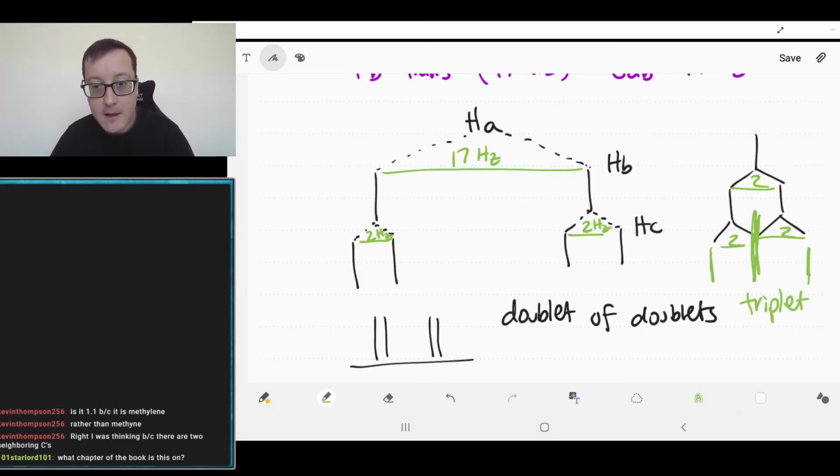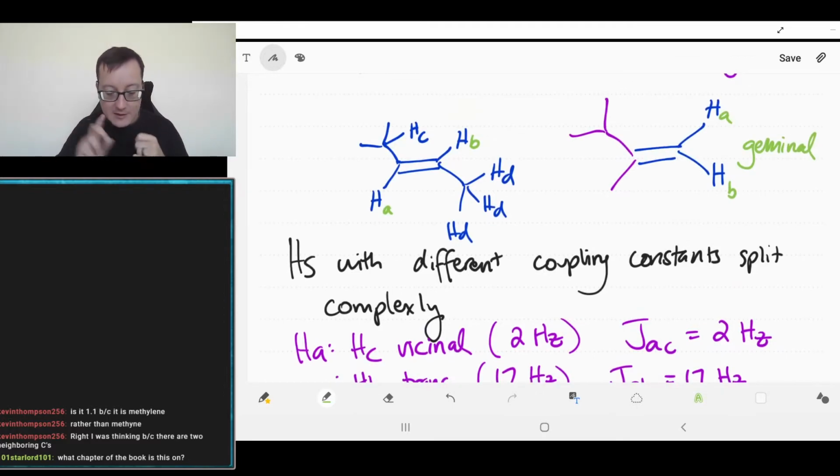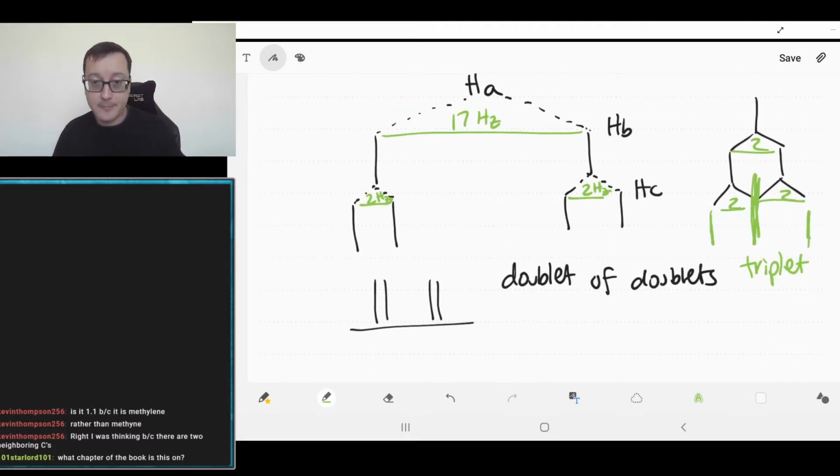However, because these have different coupling constants now, they see each other differently, and we form a doublet of doublets for HA. It sees HC and HB, the hydrogens on adjacent carbons, but it sees HC differently than HB. HB it's much more affected by. That's just some of this that we're going to need to learn.